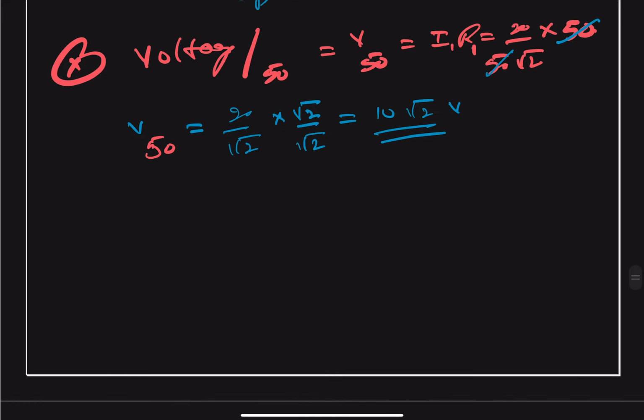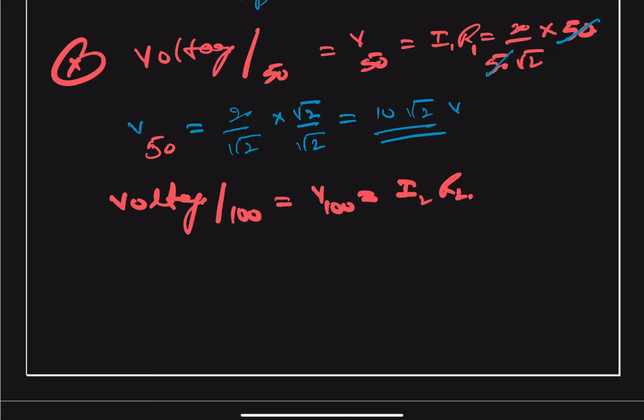And let us calculate across 100 ohm resistance. So we can say voltage across 100 ohm, we can write this as V100, and this comes as our I2 multiplied by R2.